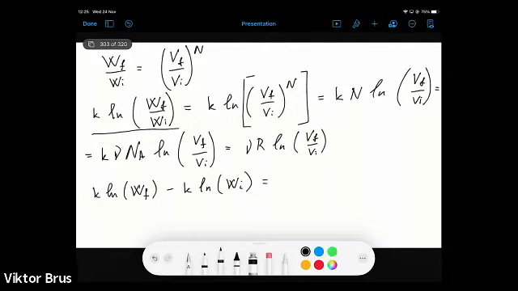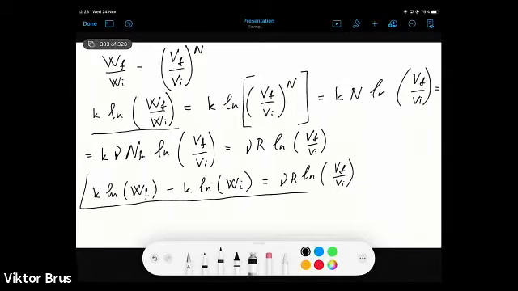That is equal to mu times R natural logarithm V final divided by V initial. Okay, this we remember. So that gives us the relationship between the change of statistical weight from initial to final state and initial and final volume of ideal gas. So this we keep in mind.